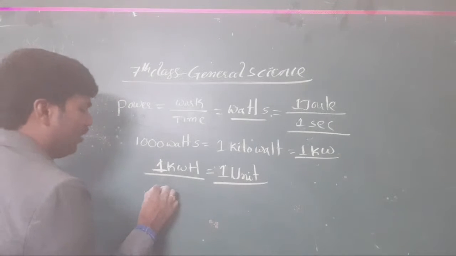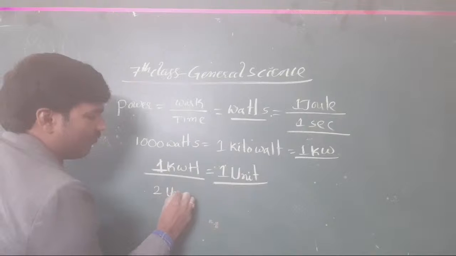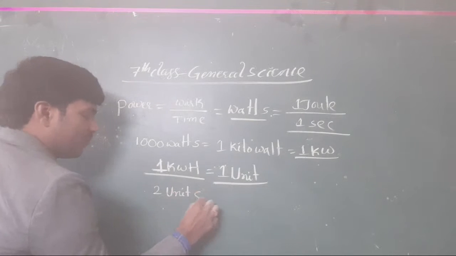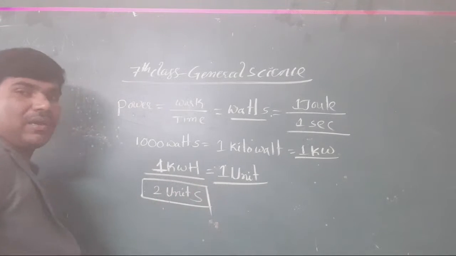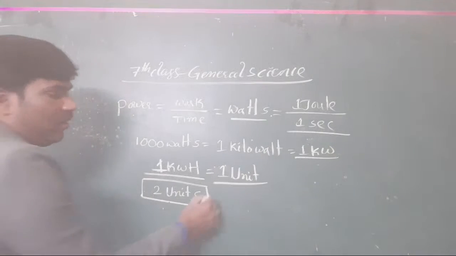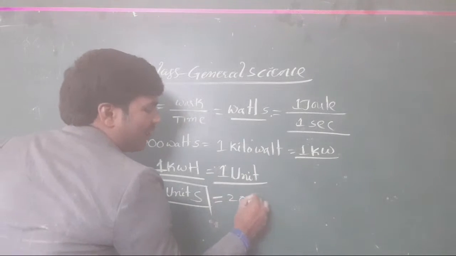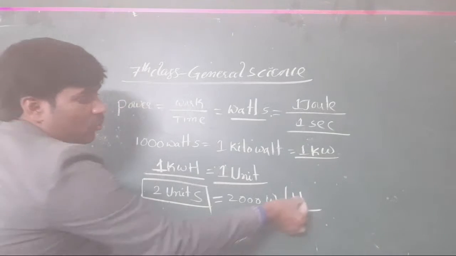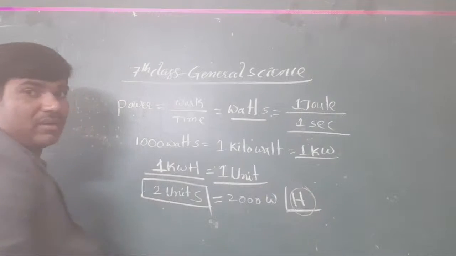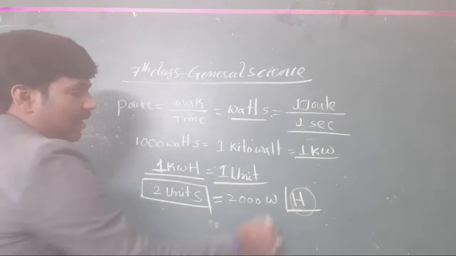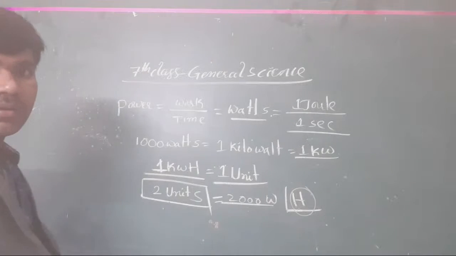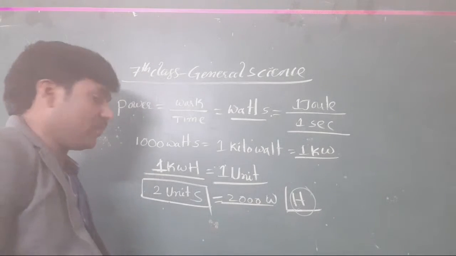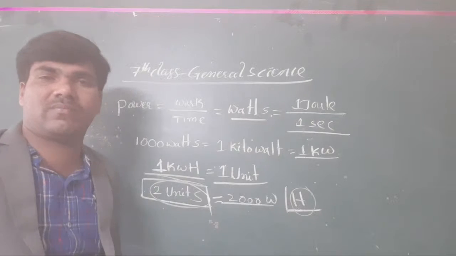Suppose 2 units of power are utilized, means 2000 watts of work in 1 hour. It is called 2000 watts per hour, that is 2 units.